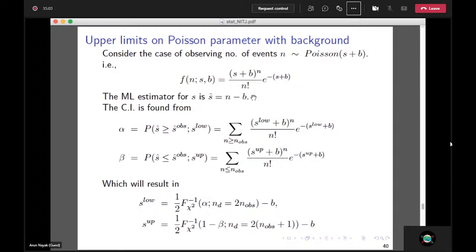Now we can define our ML estimator for S, the signal, which is S hat equals n minus b. Now we can find the confidence interval for this S hat given the observed number of events, n observed.